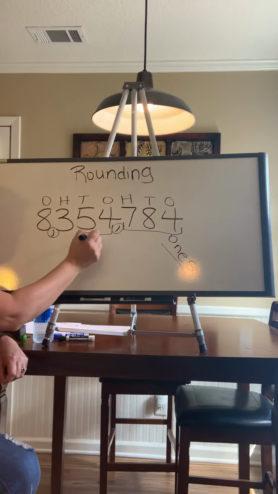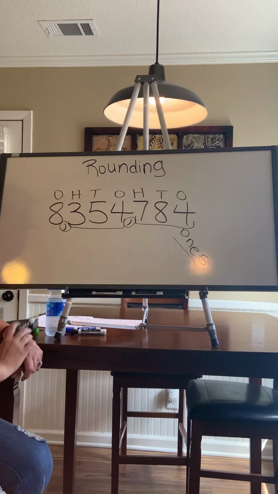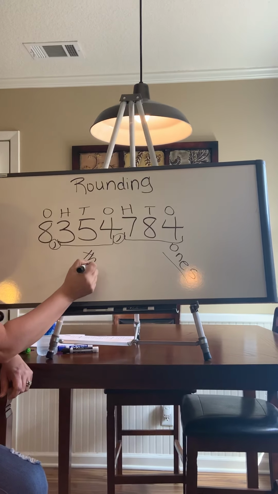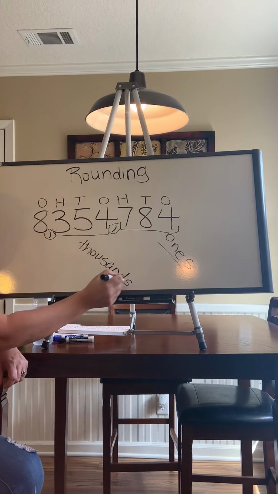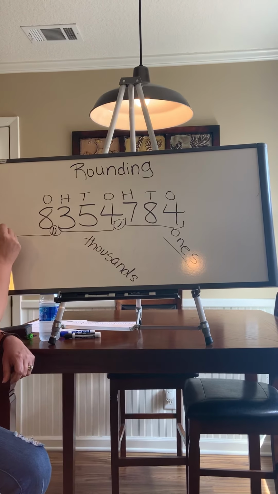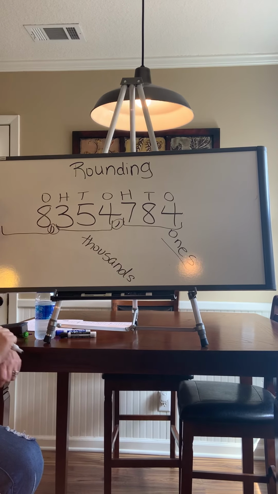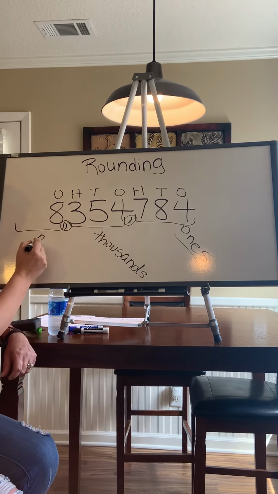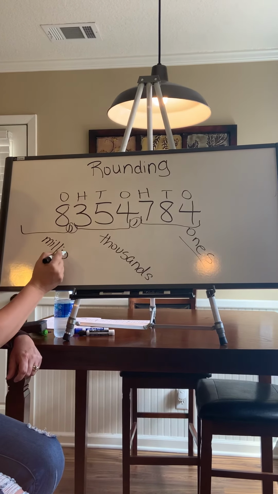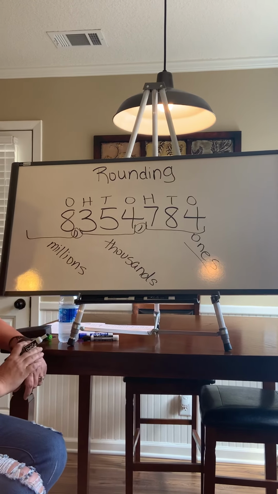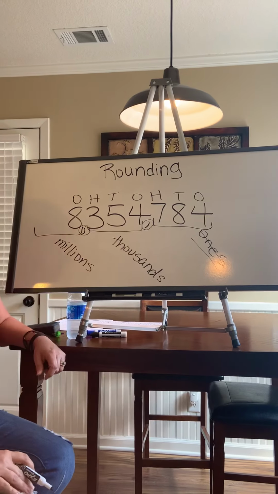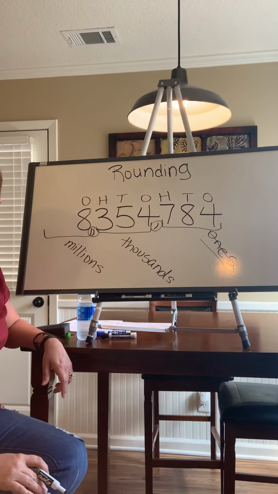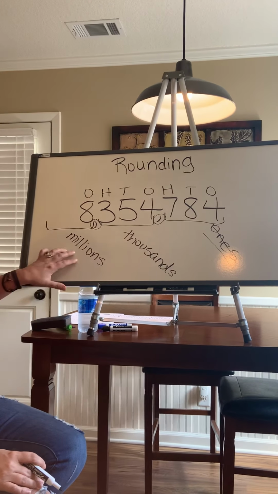This next set of 3 digits is called the thousands period. And the next set of 3 digits, and if there's only 1 digit in there, that's okay, it's still called the millions. Okay? Now the ones period is the only one we don't say out loud. It's called the silent period, but we say thousands and we say millions.